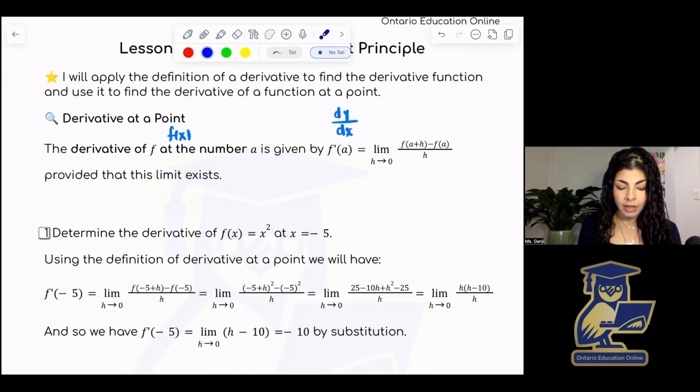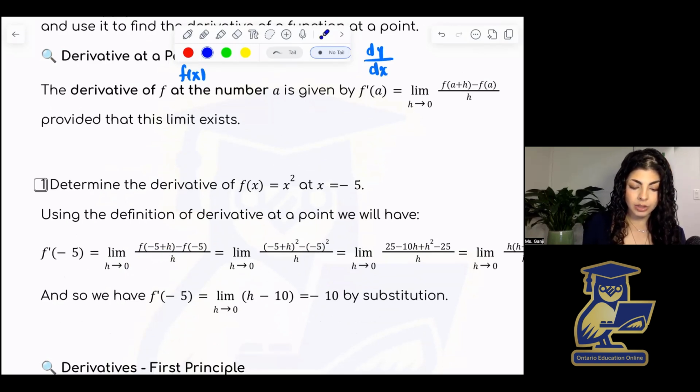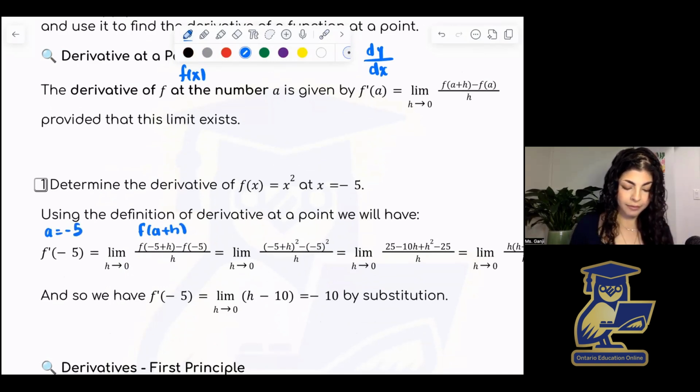So our first example today, we're asked to find the derivative of the quadratic function x squared at x is -5. So we're going to use this limit definition. So f prime of -5 is the limit as h approaches 0. First we have f of -5 plus h. This is just f of a plus h, where now a is equal to -5.